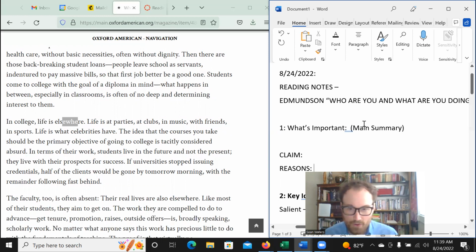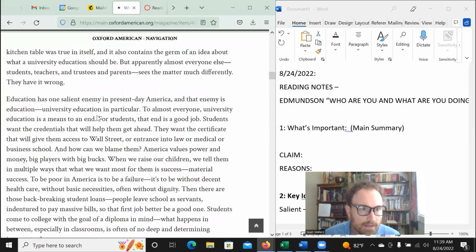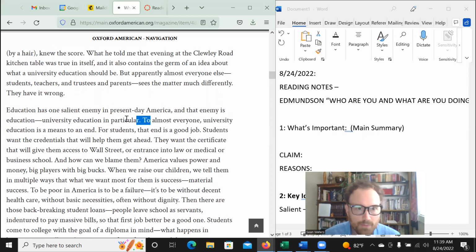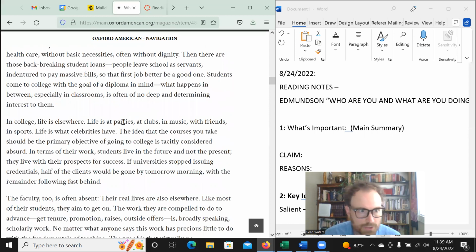So if we're paying attention to the argument, an argument is any claim backed by reasons, any conclusion with evidence. It seems to me, so far, this is about the problems with college.